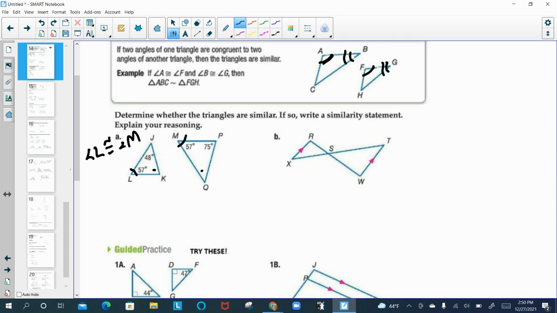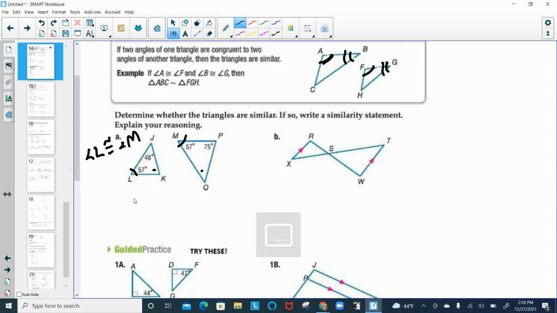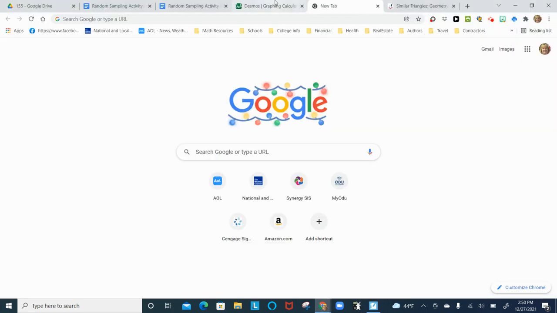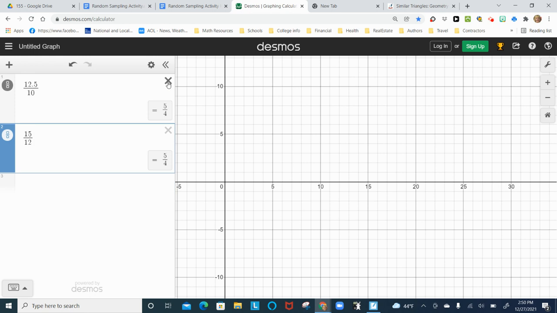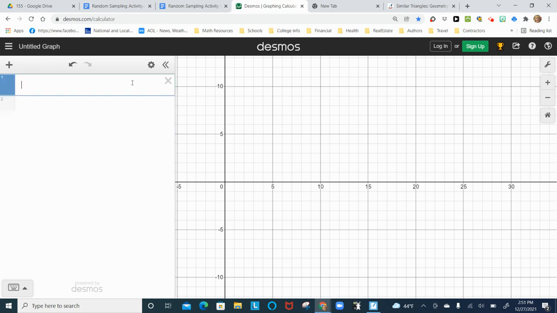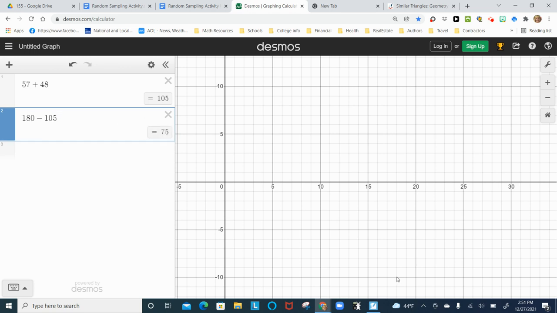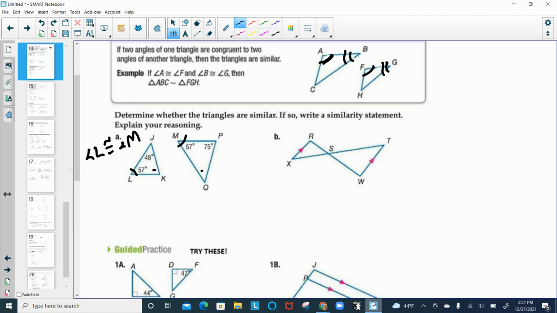We're required to try to figure out what those angles are to exhaust all of the possibilities. So if we switch over to Desmos and solve for the third angle, we would take these 2 angles, the 57 plus the 48, add them up and subtract from 180. That comes out to be 105. If we subtract that from 180, we get that angle K is 75.